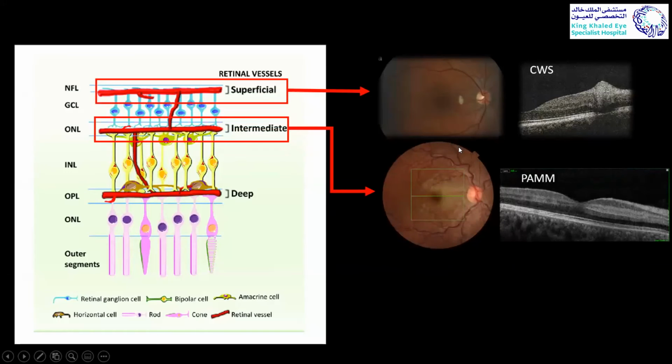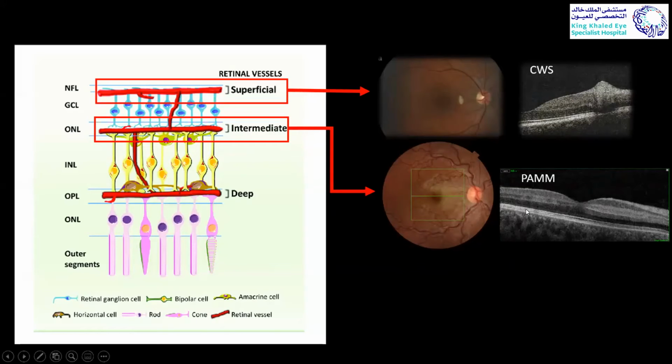And if we have a disease affecting the intermediate capillary plexus in the retina, it will give you a characteristic lesion called PAM, paracentral acute middle maculopathy, which was described in 2013 by David Sarraf. And you can see this hyperreflective line in the inner nuclear layer.